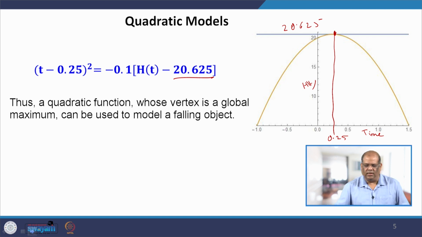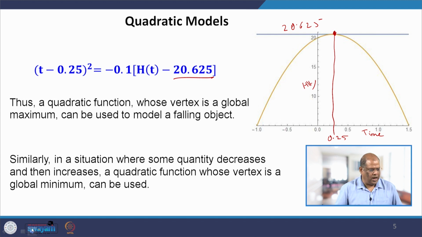So, what is your conclusion? In this case, this quadratic function, the vertex is a global maximum. So, you will reach a maximum at this vertex point, and this can be used to model this falling object. The conclusion from this model is that the maximum height that will be reached is 20.625, which is 0.25 seconds after the ball is thrown into the air.